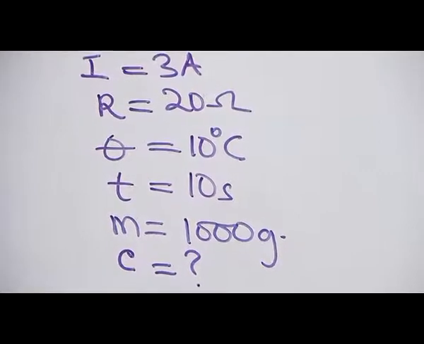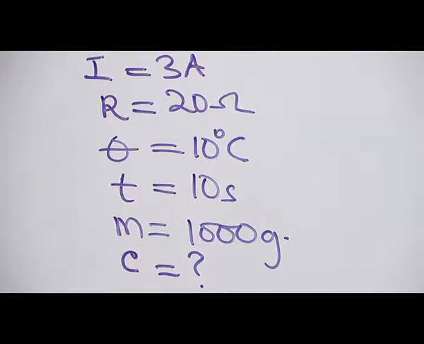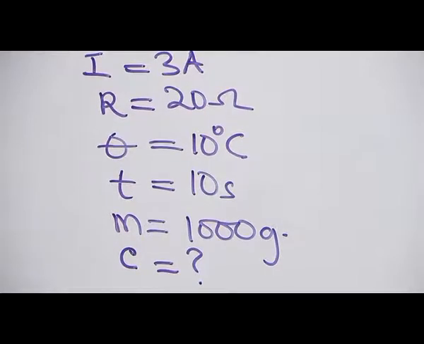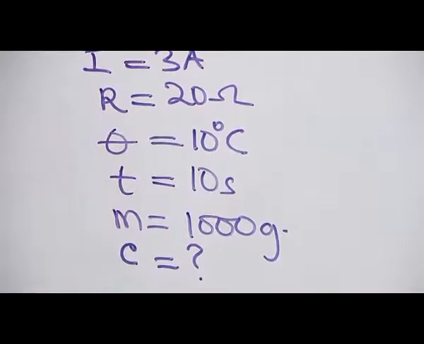We are using electric current to supply heat energy to oil. So this is electrical method. And when we check the data provided, we can see current I, resistance, and time.